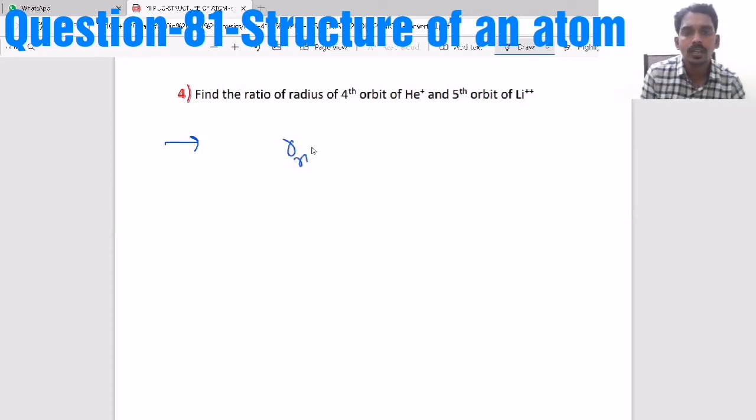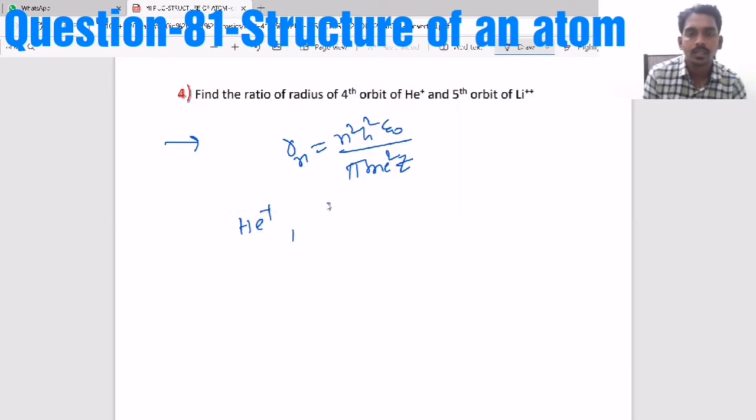Now here, general radius formula is n square h square epsilon naught by pi m e square Z. Now, ratio of radius of 4th orbit of helium plus. So Rn is proportional to n square by Z. So let's take R1, proportional to 4th orbit, so 4 square by Z, helium means 2.